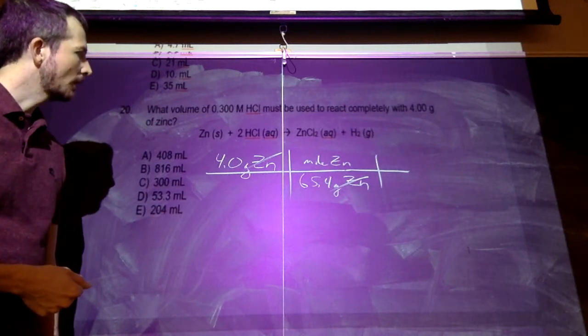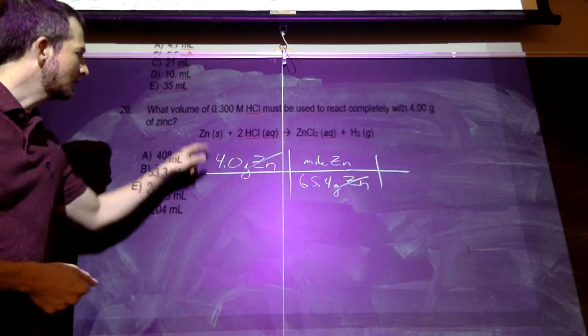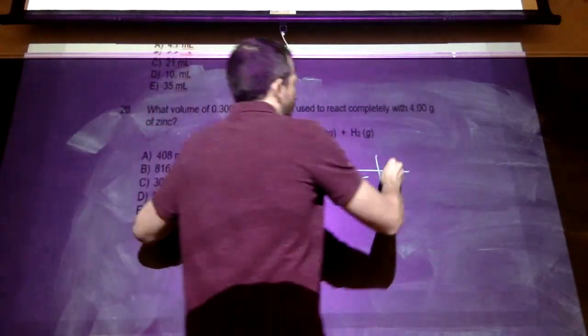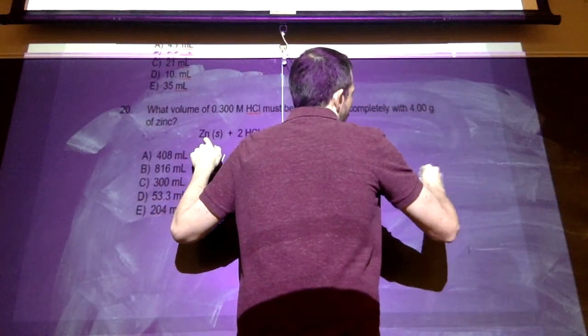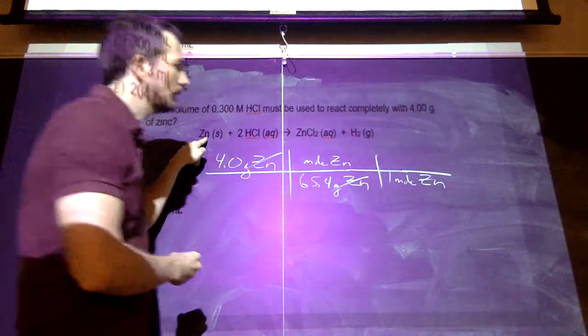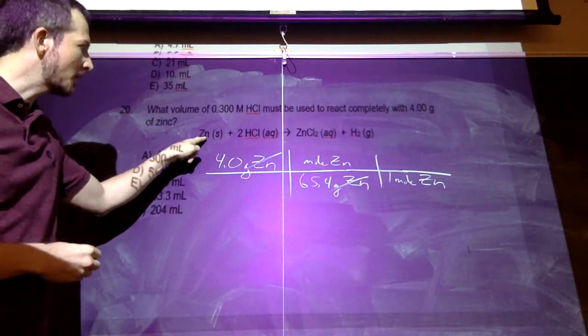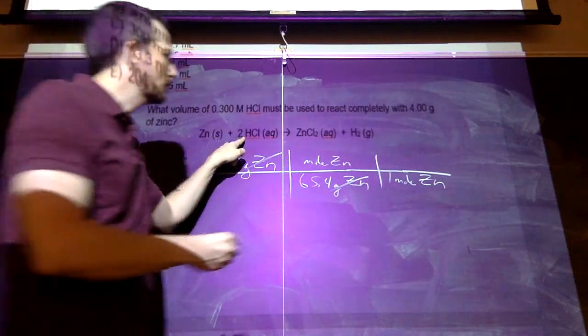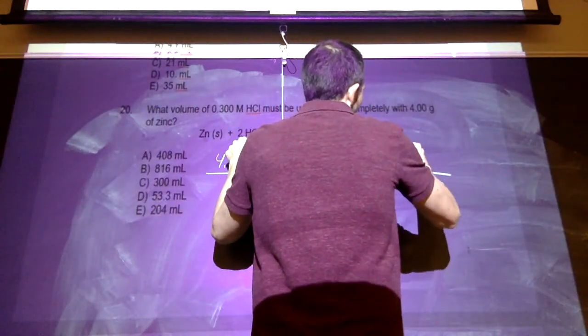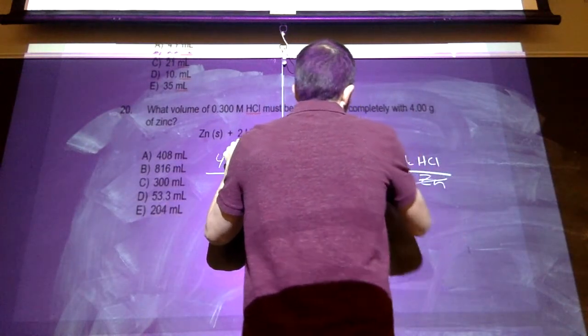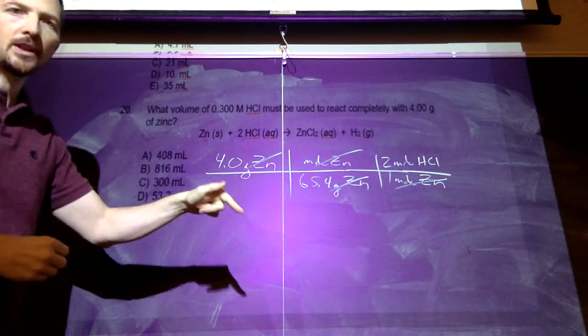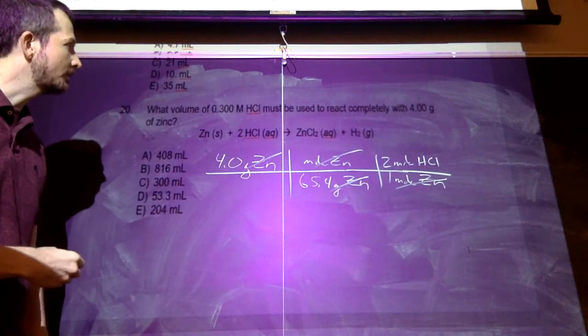So that'll give me my moles of zinc. So 1 mole of zinc. I want to go to HCl, so I use my balanced equation. 1 mole of zinc reacts with 2 moles of HCl. Put the mole of zinc on bottom, HCl on top, so it'll cancel.